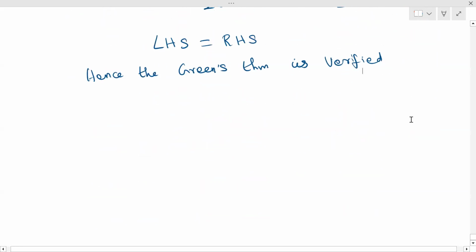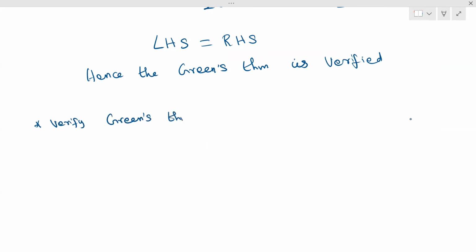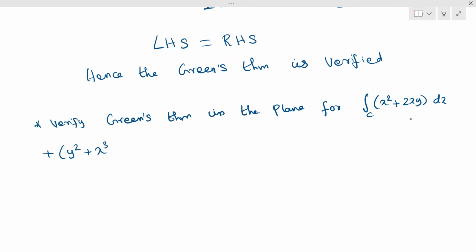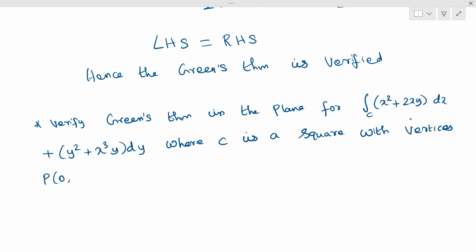We do another problem using Green's theorem. Verify Green's theorem for the xy plane.